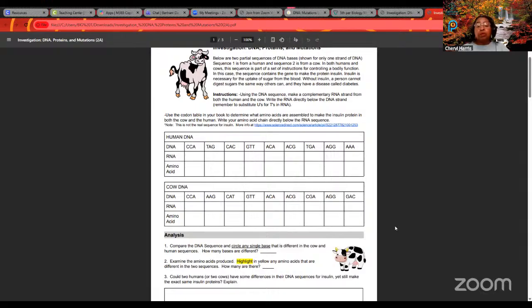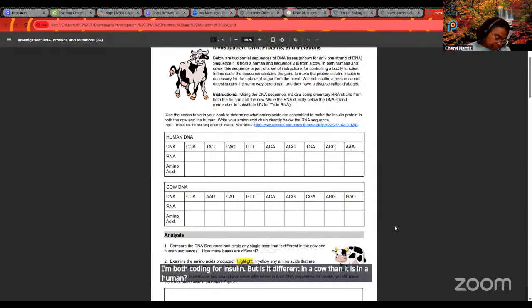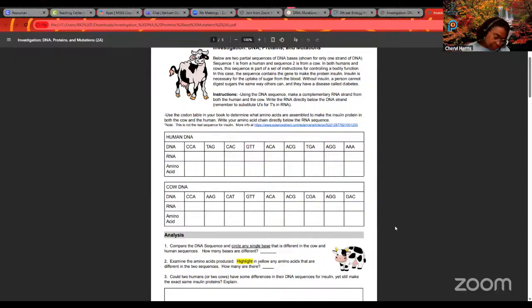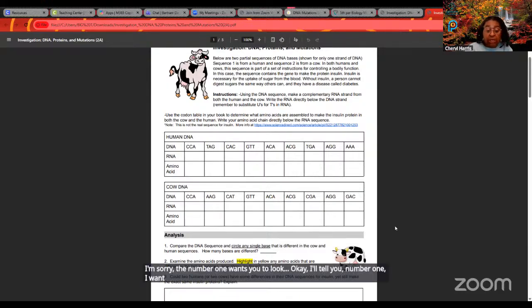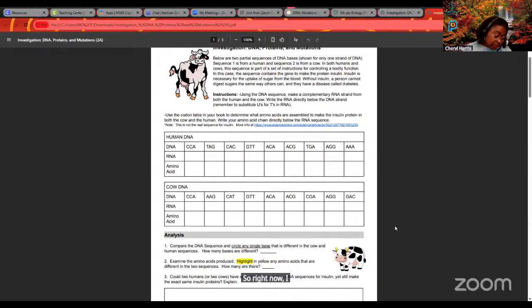All right, again, the point is they're both making the same thing. They're both coding for insulin. But is it different in a cow than it is in a human? Number 1 wants you to look at the DNA. So right now I'm looking at the second triplet in the DNA, and they're different. On the human DNA, it's got TAG. On the cow, it's AAG.